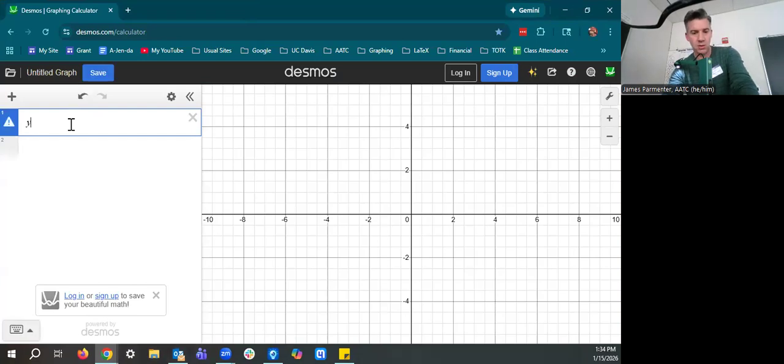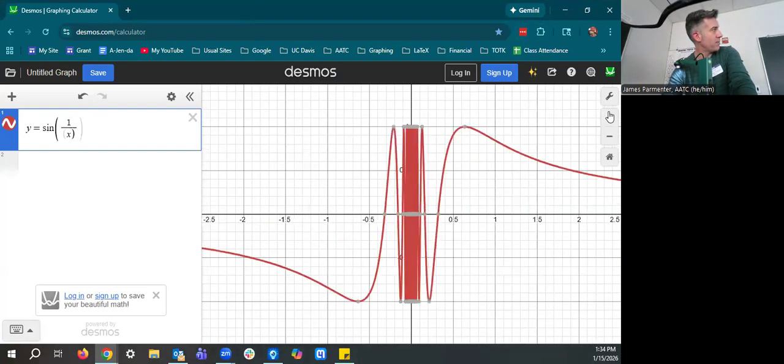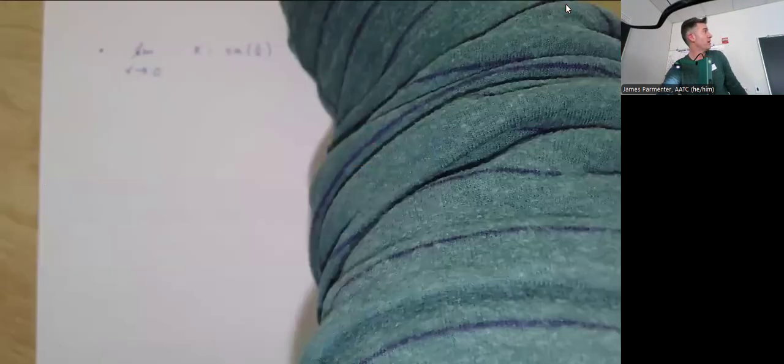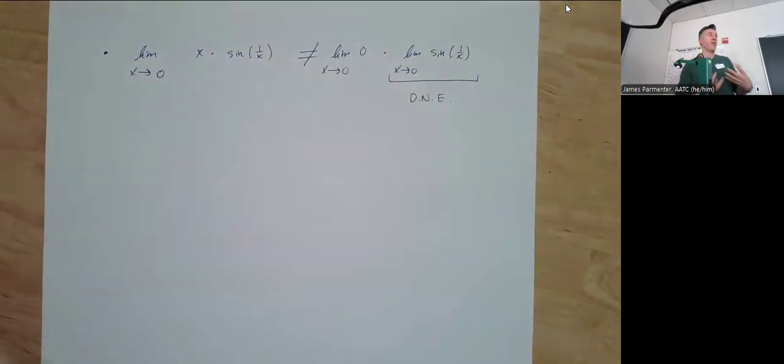As you get closer and closer to 0, sine of 1 over x oscillates an infinite number of times. It just goes up, down, right? There's no getting close to any particular number here. So to be able to break up a limit of a product as the product of limits, both the limits have to exist on their own. You can't do it if they don't.